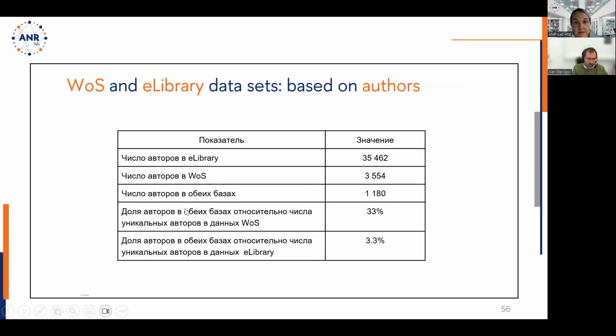And here, we also used the same approach to construct short names of authors, and we found the intersection of authors, which was about 33% of authors included in Web of Science that were also included in eLibrary.